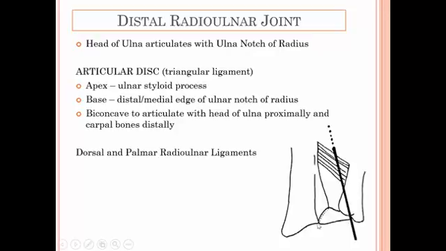Anteriorly, or on the palmar surface, and posteriorly, or on the dorsal surface, we have obviously quite descriptive ligaments called the palmar radioulnar ligament and the dorsal radioulnar ligament.